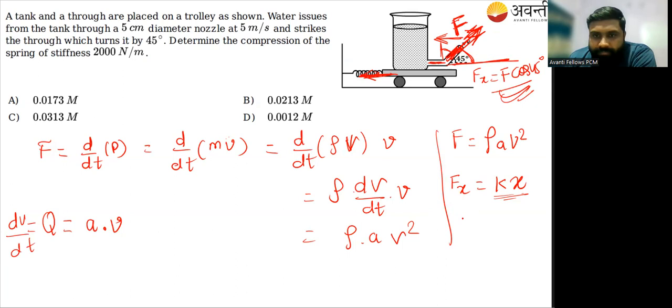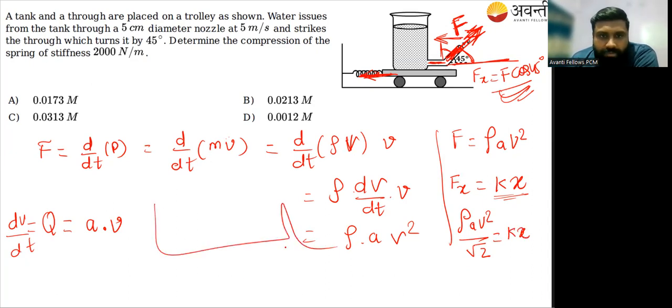Fx we have rho A v square cos 45, which is 1 by root 2, equals k into x. Now put the values of all the things. This is water, so density will be 1000. Area of the orifice is not given to you, diameter is given to you, 5 centimeter.